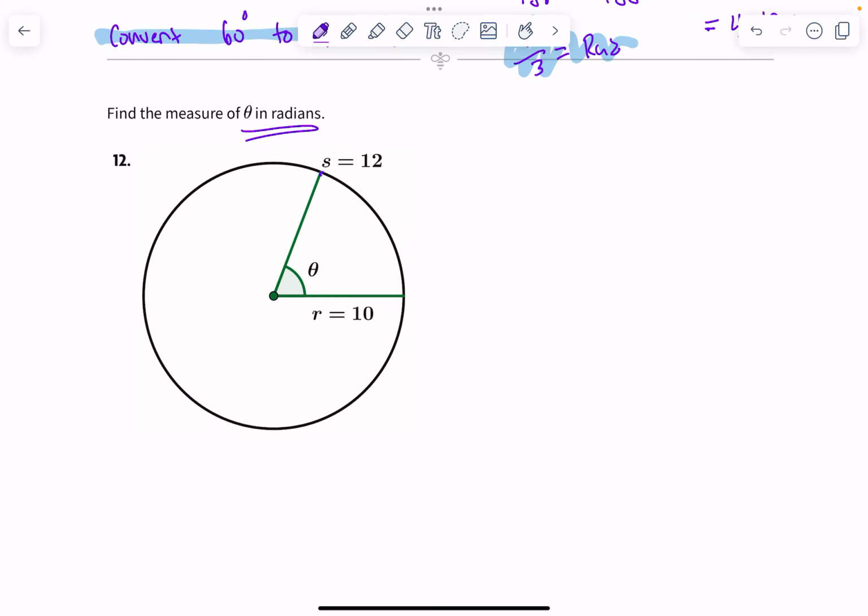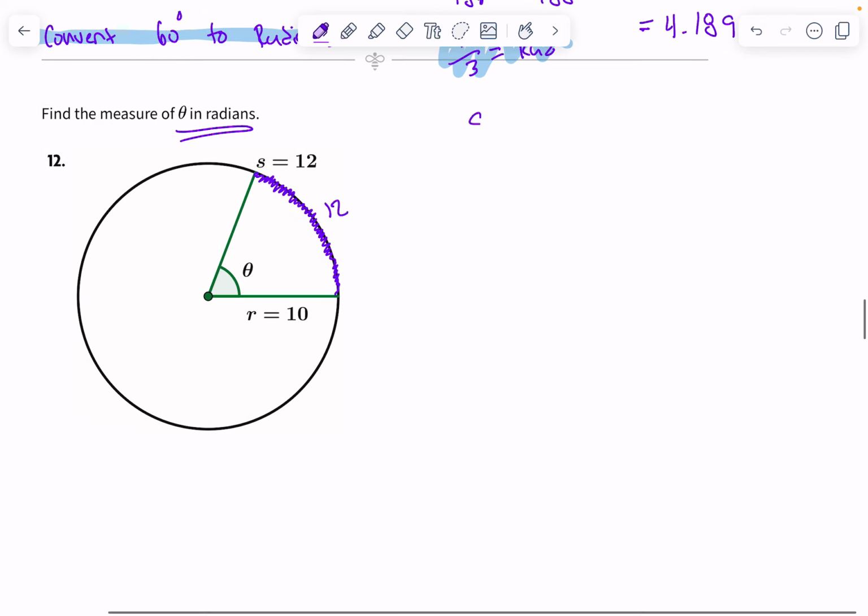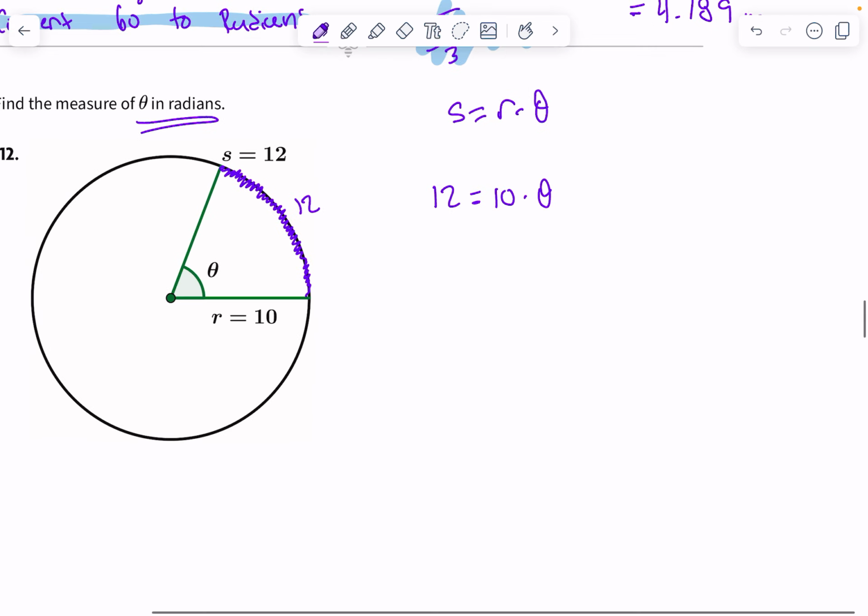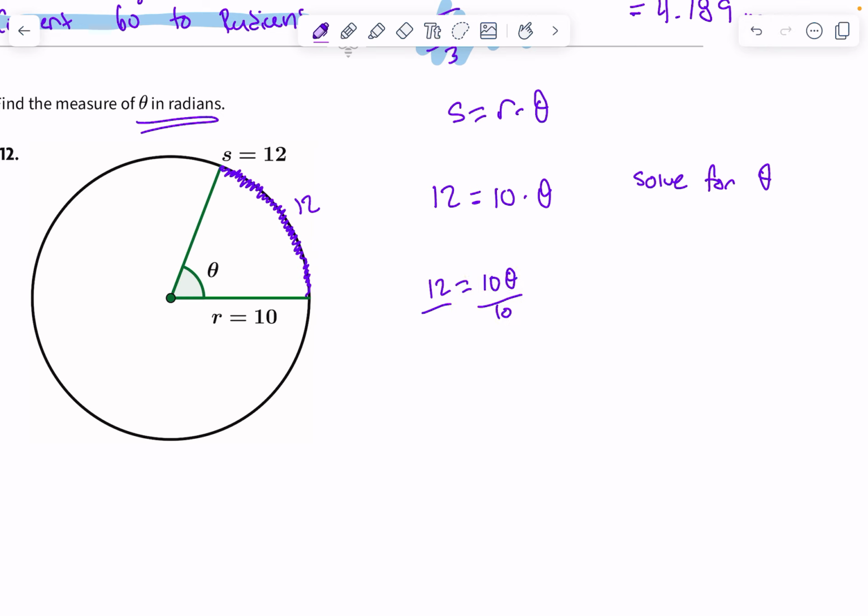Find the measure of theta in radians. Again, this is arc length. Arc length here is S, which is 12. Now I'm asking you to solve for theta. S is equal to R times theta in radians, so 12 equals my radius 10 times theta. To solve for theta, divide by 10.